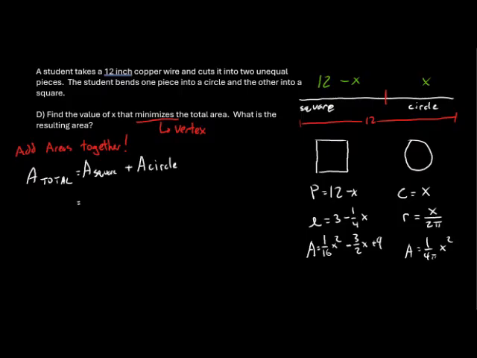We know our square's area is 1 over 16 x squared minus 3/2 x plus 9. This will be our area of our square, and then we'll add that to the area of the circle. The area of the circle was 1 over 4 pi times x squared.